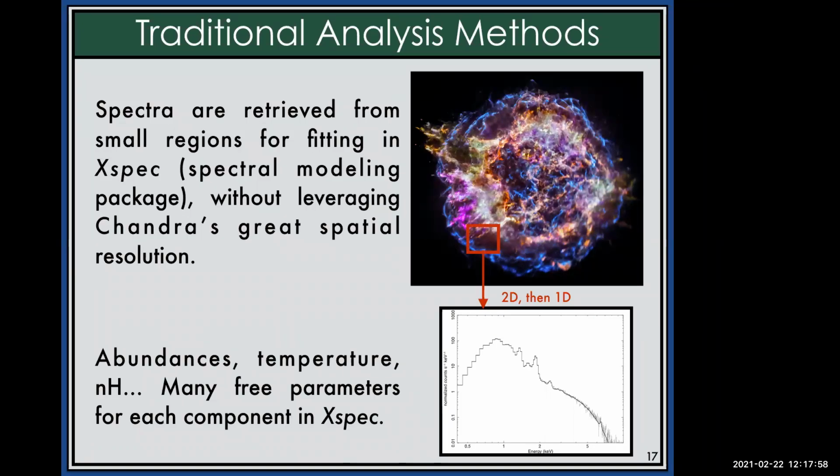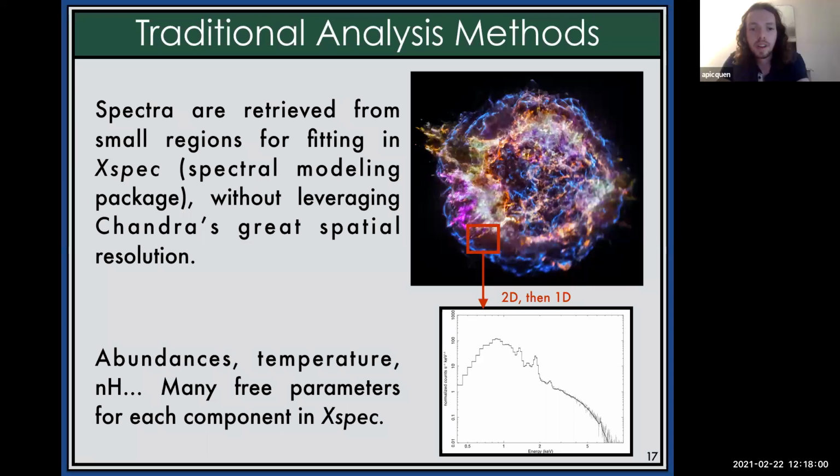So traditional analysis methods neglect the fact that there are correlations and mainly define cells, areas of interest in the image, and then only work in one dimension by using software such as XSpec or things like that.